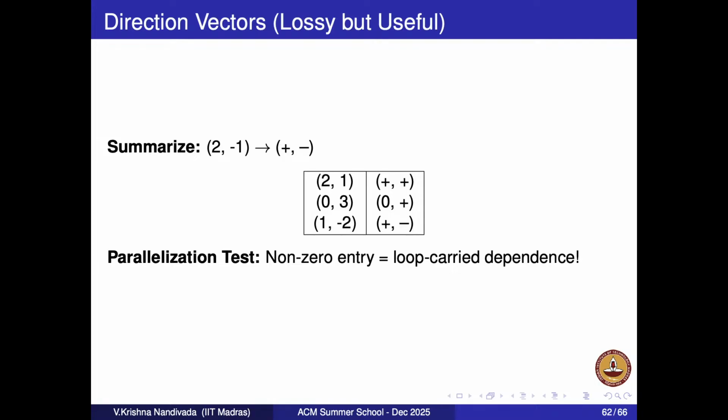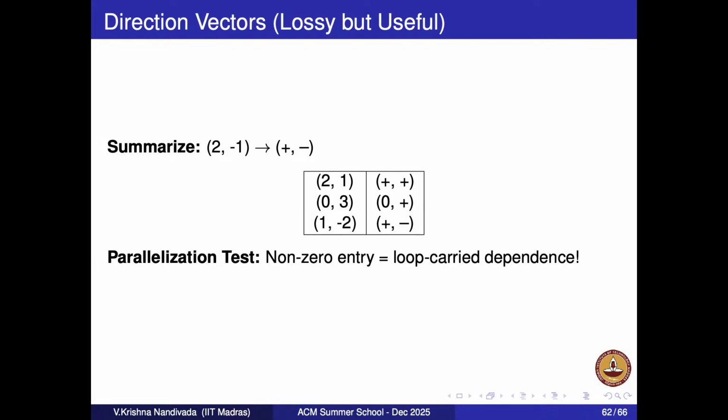If my dependence vector or direction vector is all zeros, what does it mean? There is no inter-iteration dependence, isn't it? 0 means I only depend on myself. I am not dependent on anyone else.